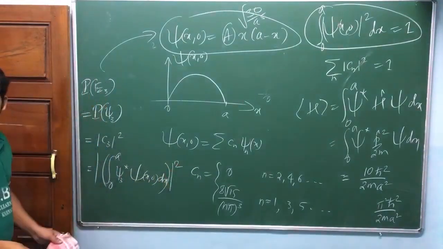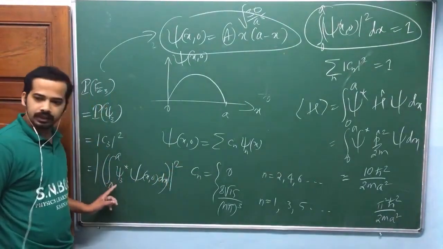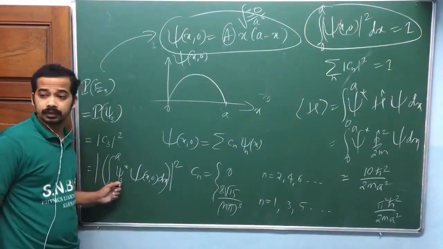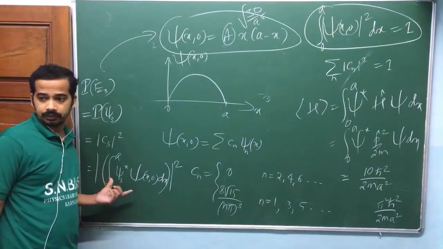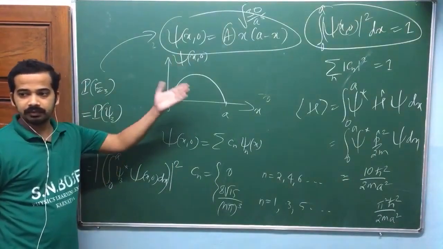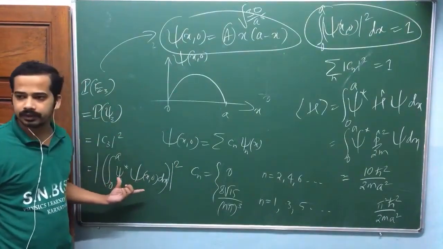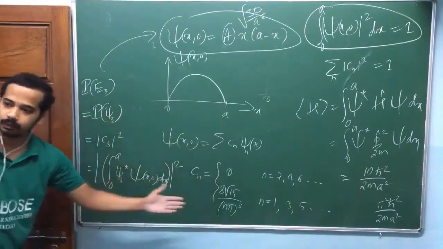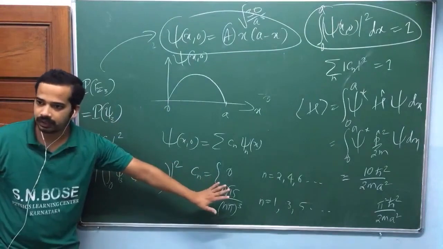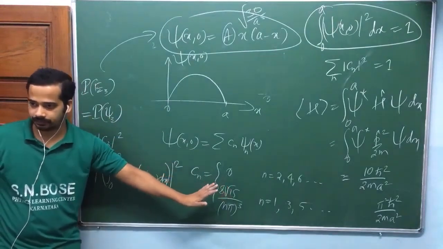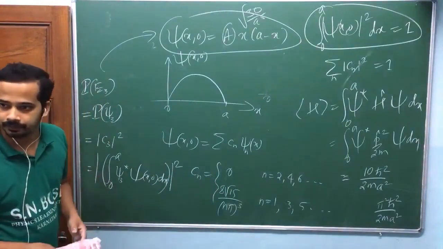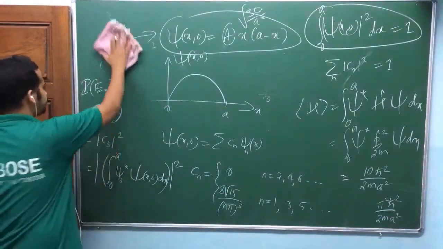Remember, psi 3 should also be normalized, then only this interpretation is true. If they ask any particular probability, directly go for this integral. Don't go for the nth coefficient and then put n equal to 3. That is unnecessary. Are you getting the point? Depending on the situation, you choose this type. Clear?